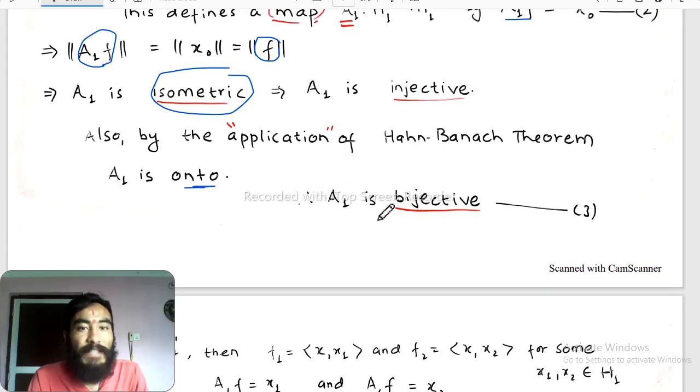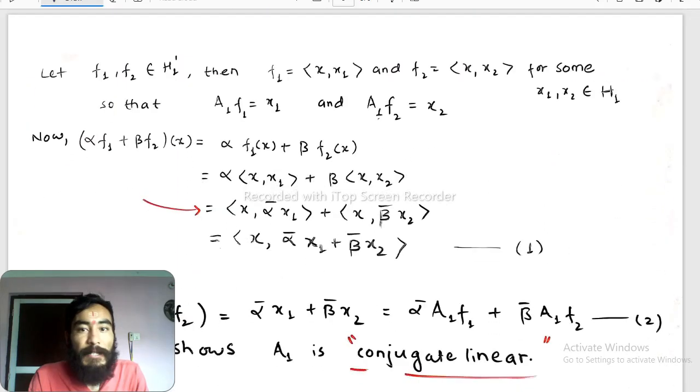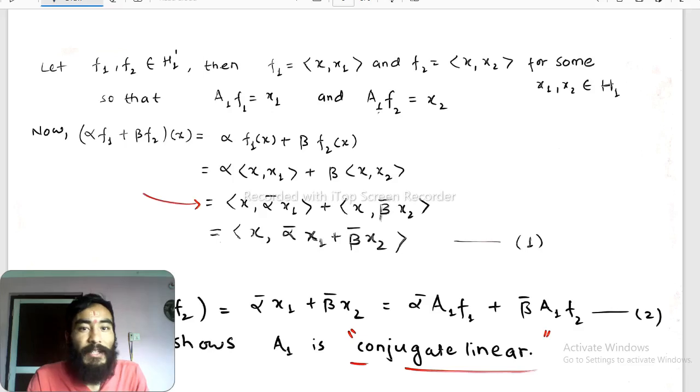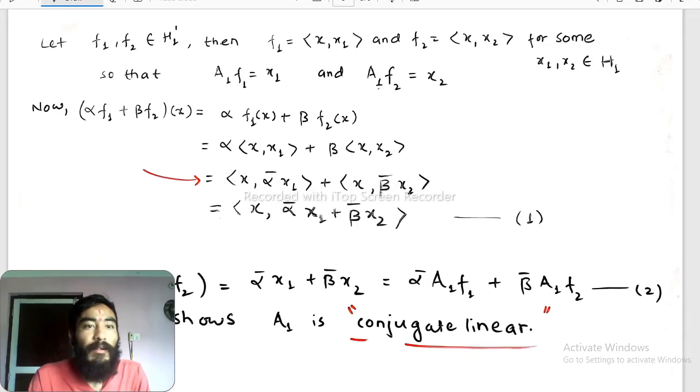So A1 is bijective. For each functional we can map to x naught, and so A1 is onto, and hence A1 is bijective. Similarly, we can define A2 from S2 dash to S2.